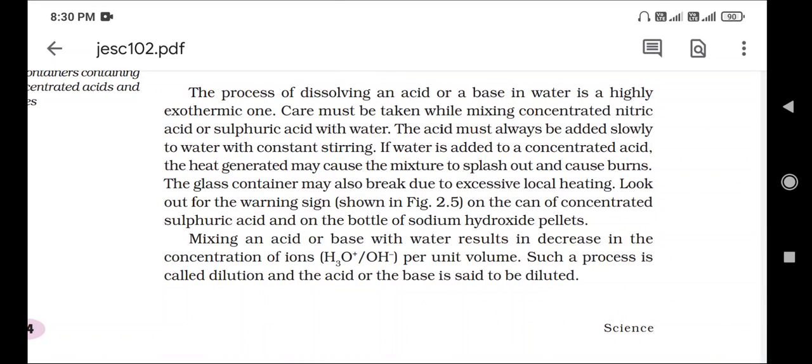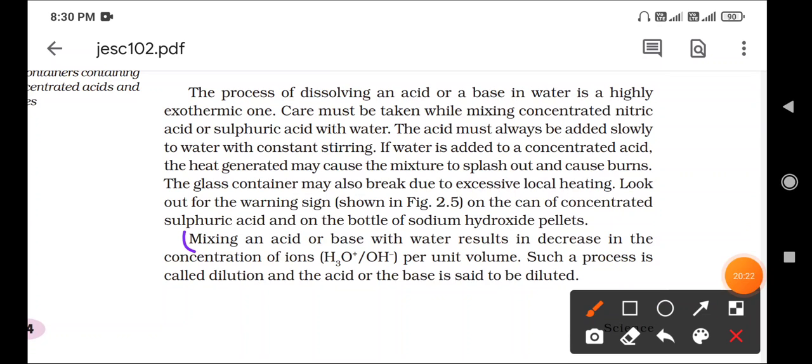You can write here: mixing of an acid or base with water results in a decrease in the concentration of H3O+ or OH- ions per unit volume. Such a process is called dilution.